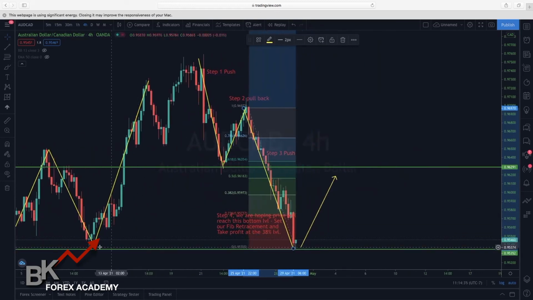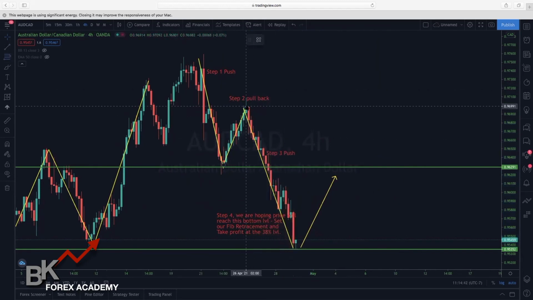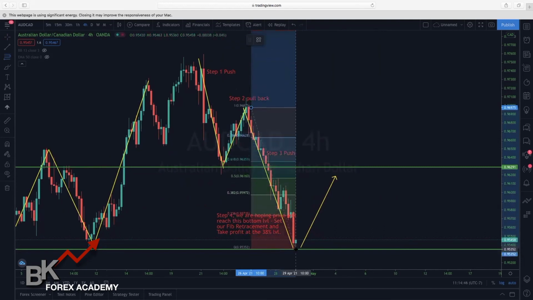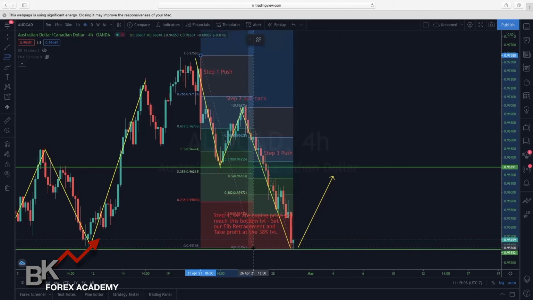Okay, so we look left for clues to where it may go, and then we draw our Fibonacci line again, starting from the second pullback down to the bottom, and then we will buy and take our profit either at the 30%, 38% or the 50% Fibonacci level. You can couple this with another Fibonacci level at the top of the initial push, come all the way down to the bottom right here, and this will be a 38.